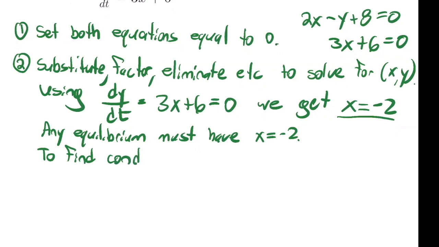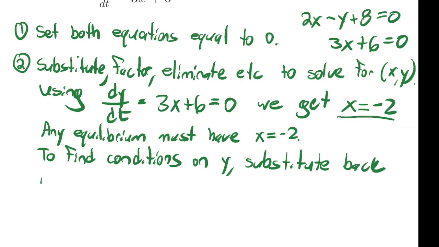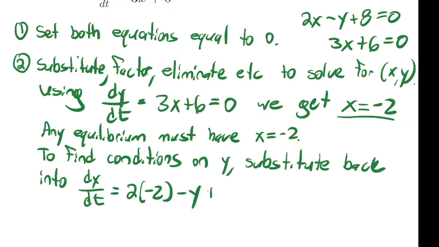To find the condition on y, we can substitute this into the other equation. The equation for dx/dt was 2x minus y plus 8 is equal to 0.